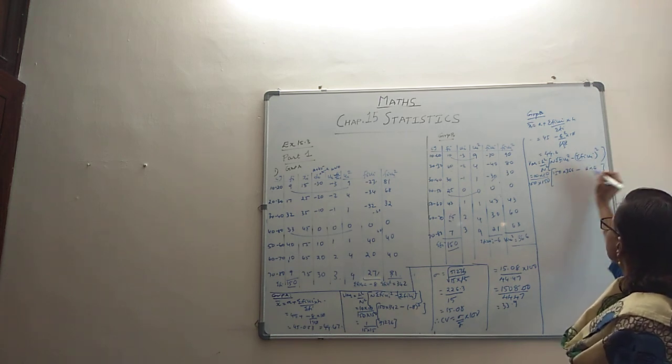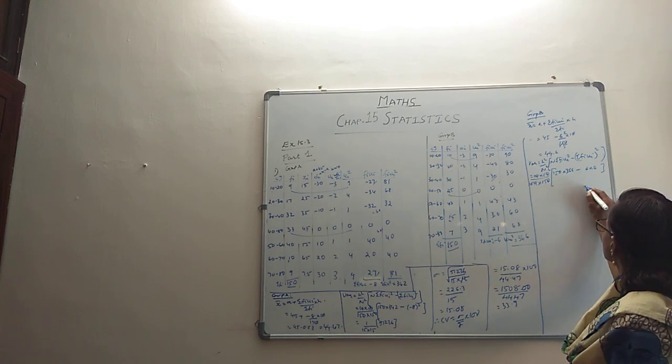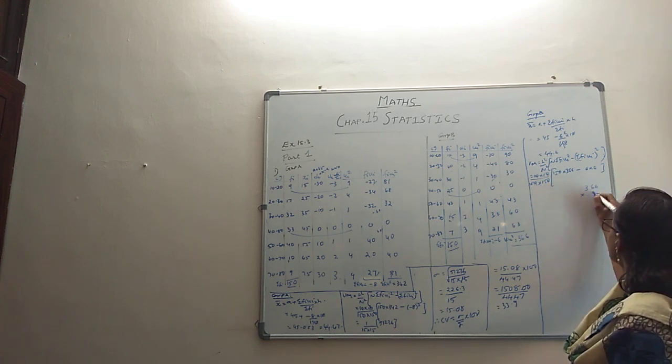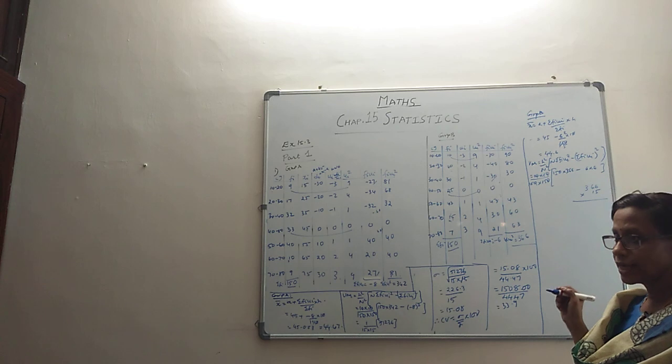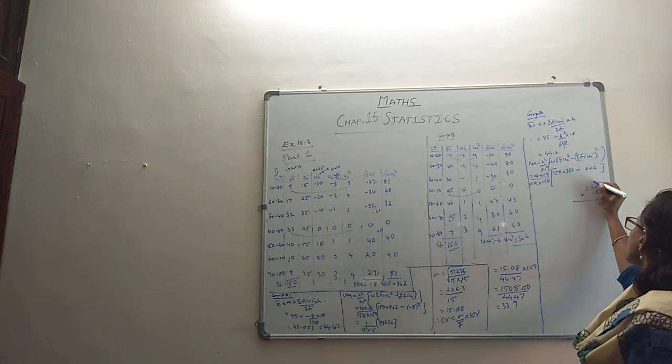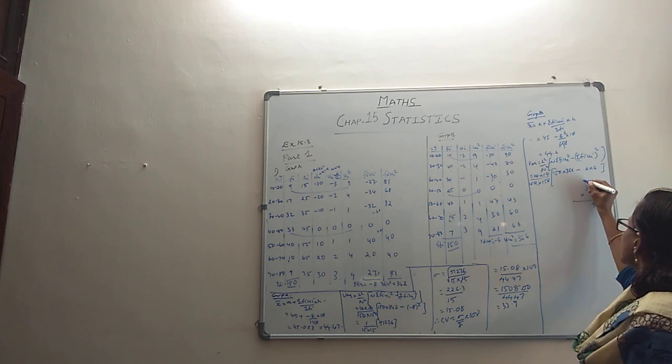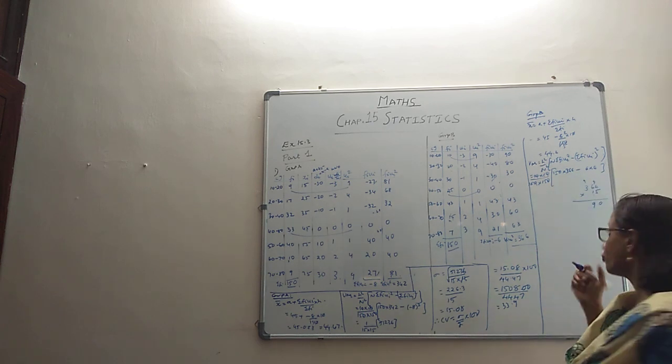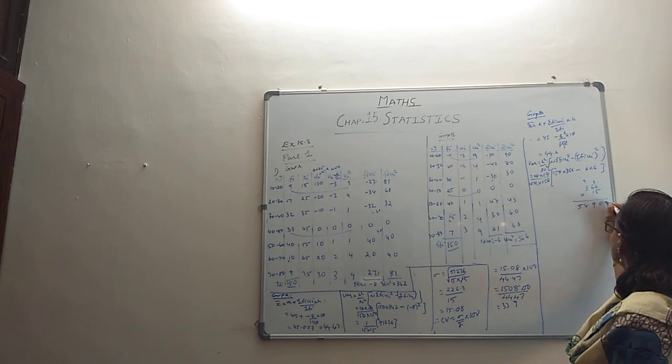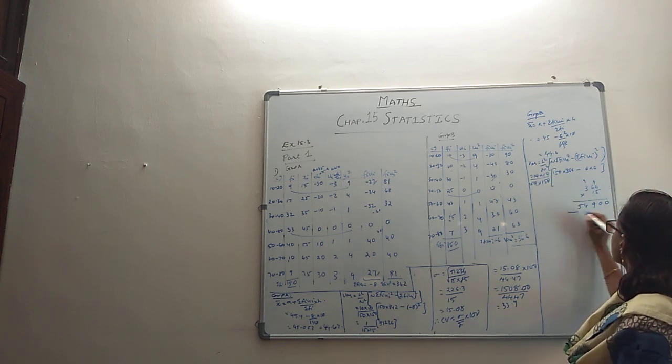Square will remain the same, zeros will get knocked down. Now 366, let's multiply by 15. 15 6s are 90, 15 3s are 45 and 9 is 54. So let's attach the 0 along with this and do the subtraction.